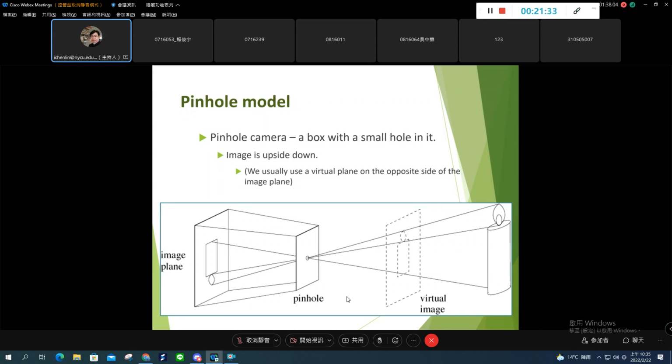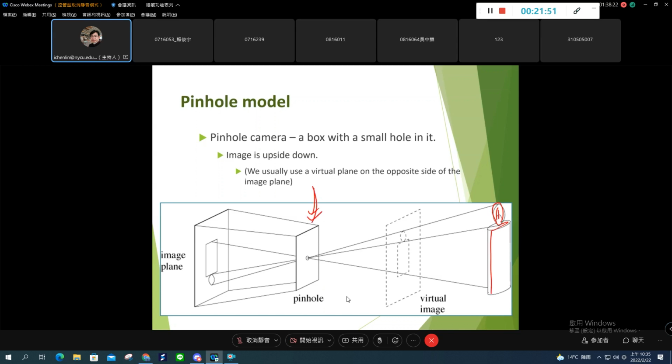And about the pinhole camera here, let's take a look at this figure. For instance, if we have a candle here, this is our candle, and this is our pinhole.